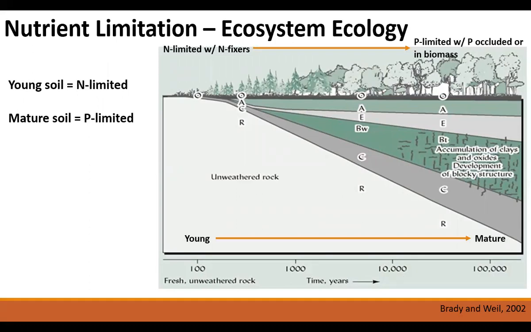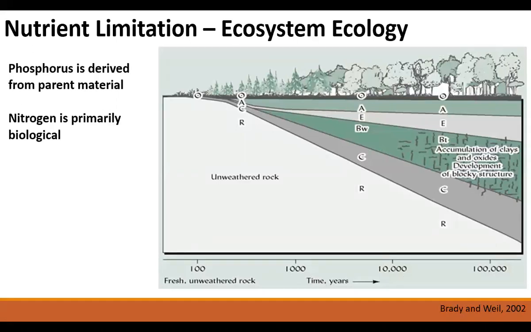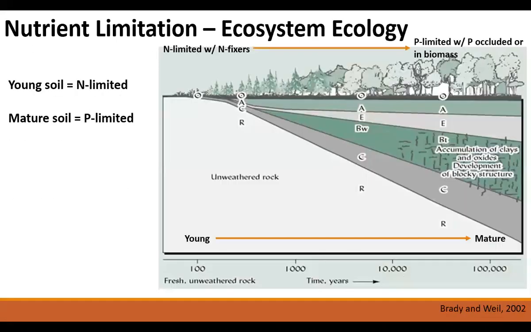So in this simple general model, we think that early in the successional stage these systems are nitrogen limited, with the bulk of the nitrogen coming in being fixed. That nitrogen is eventually built up in the system and it no longer becomes nitrogen limited.